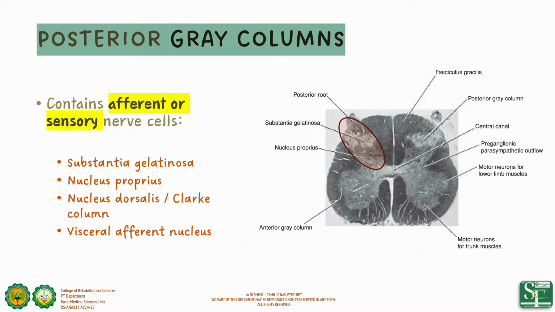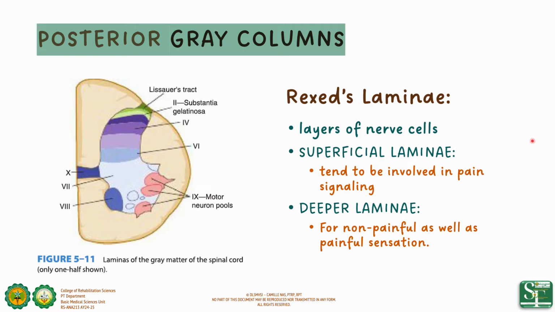Okay, at iisa-isahin natin yan according to Rexed's laminae. Okay. So the Rexed's laminae basically is an organization of the cell bodies within the gray matter. No, so there are superficial laminae and deeper laminae. But basically numbers to, laminae 1 to 9. Lahat ng nasa posterior still for sensory function.